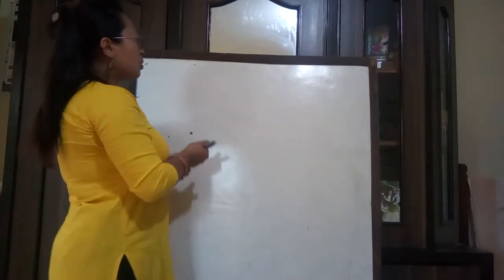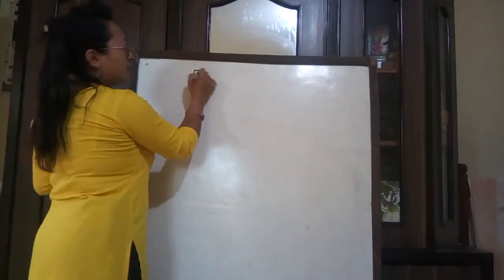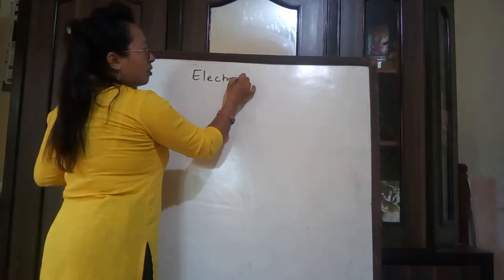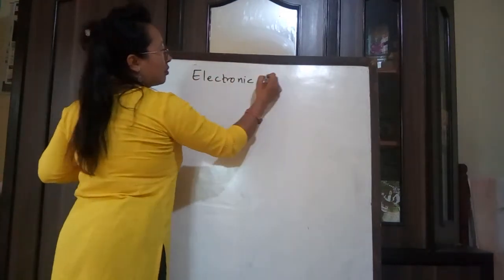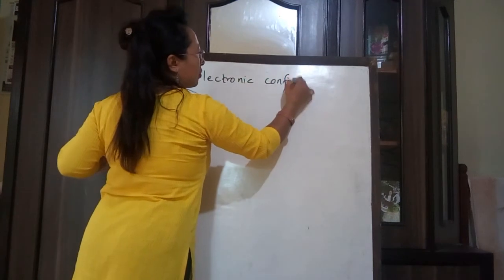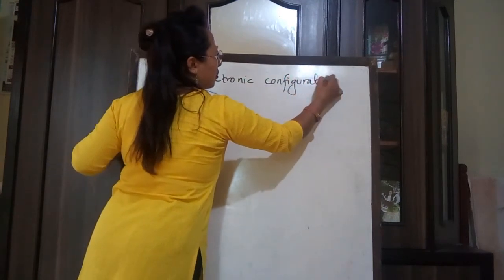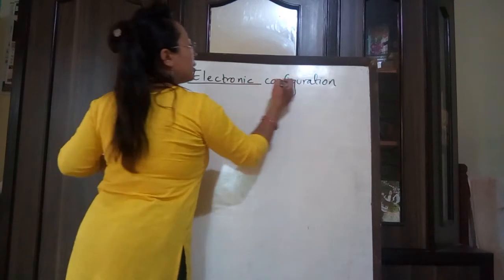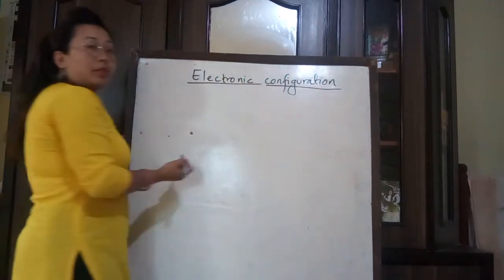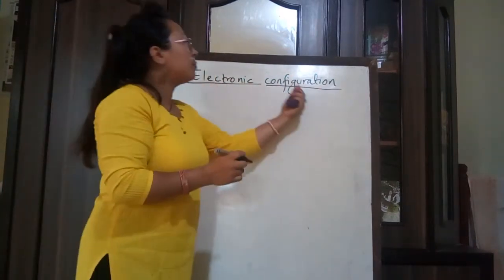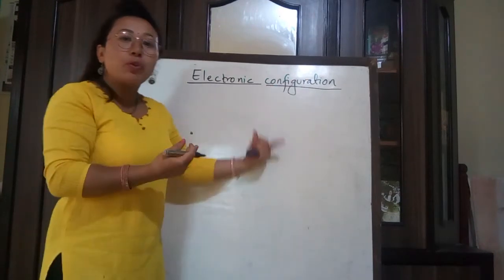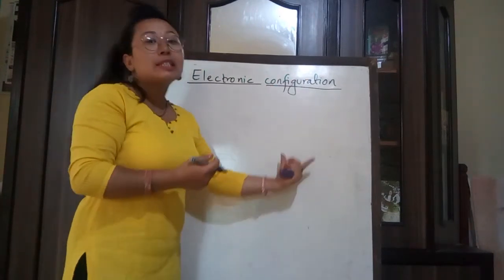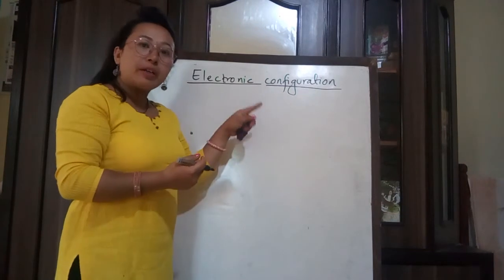Okay. So what is electronic configuration? Our topic next is electronic configuration. Electronic configuration means it is the distribution of electrons in different shells or orbits of an atom.